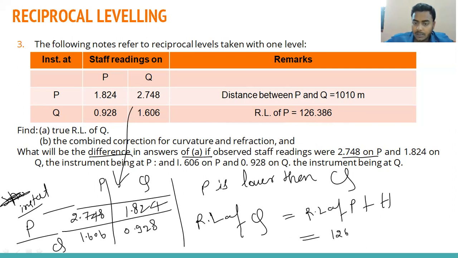So 126.386 plus H, which we calculated as 0.801, giving 127.187 meter. So the difference you can calculate by 2H.